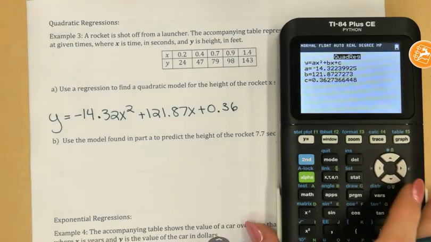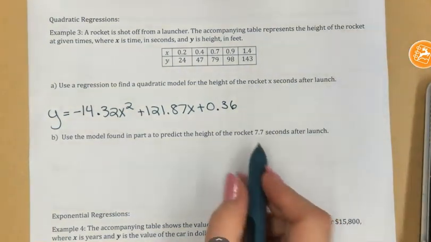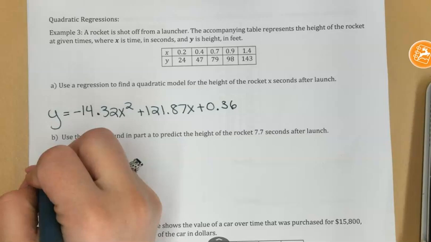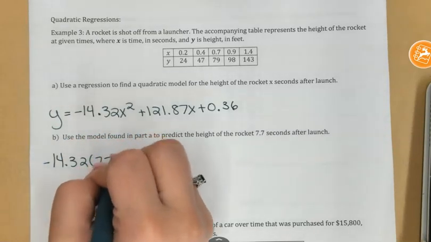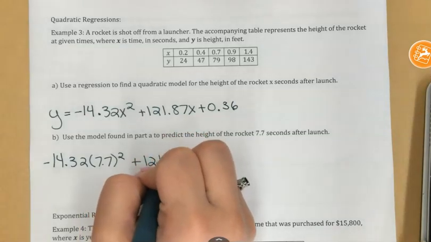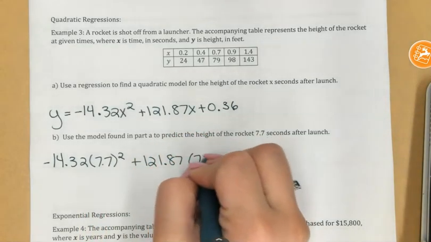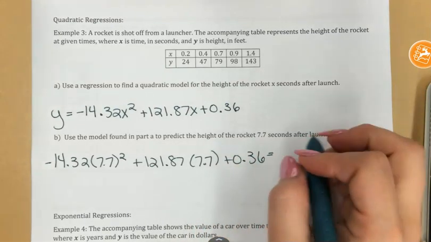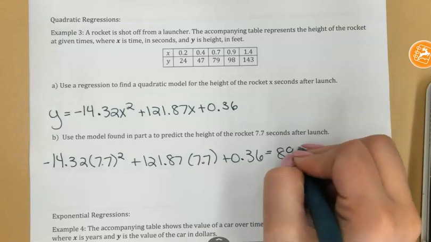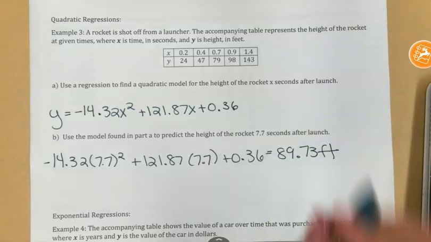And if I want to use that to predict the height of the rocket after 7.7 seconds, I am going to substitute 7.7 in place of x in that function. And doing all those calculations gives me an approximate height of 89.73 feet for the rocket at that time.